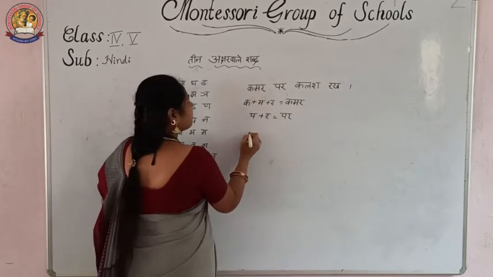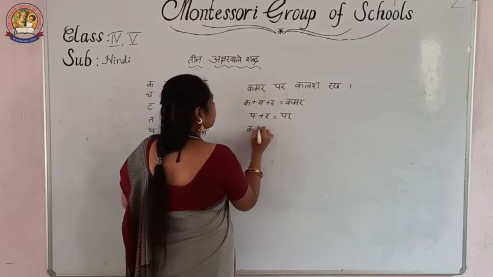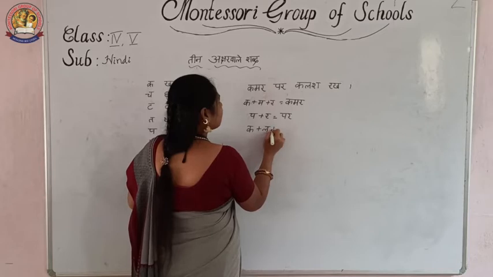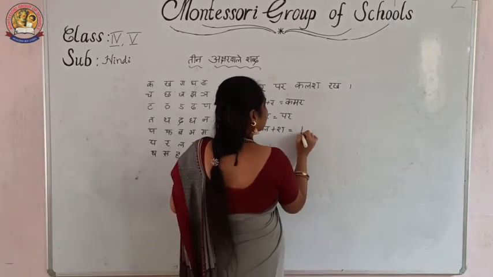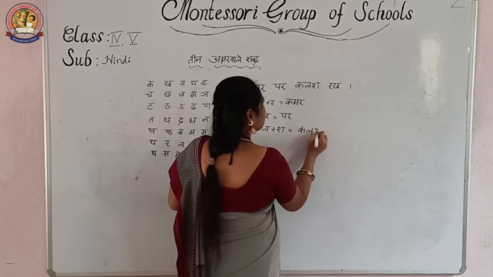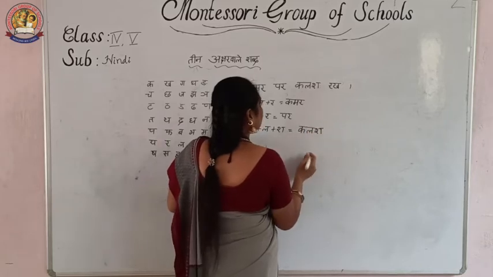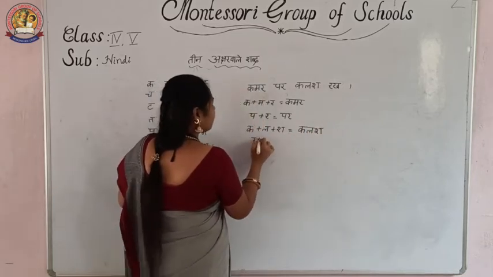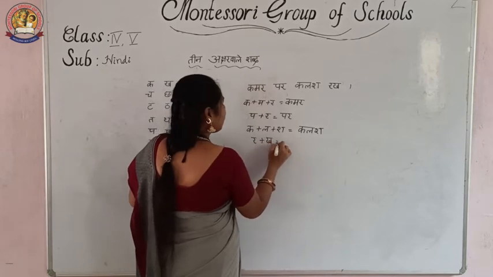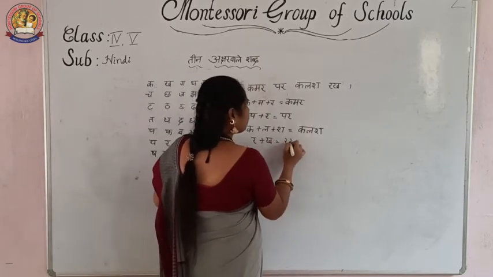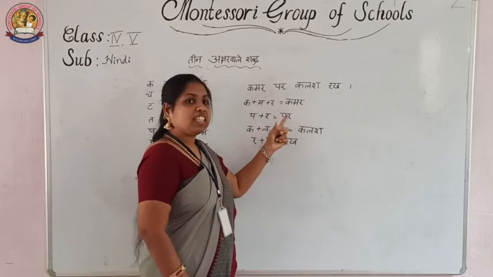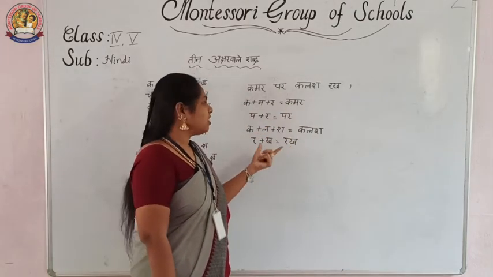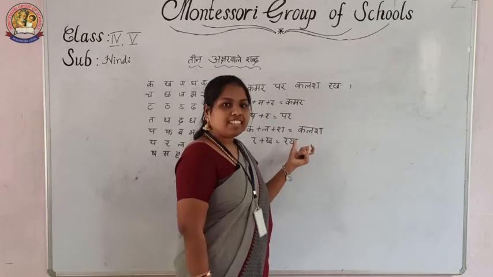The next, ka plus la plus sha is equal to kalash. The next, ra plus kha is equal to rakh. Kamar par kalash rakh. This is a sentence now.